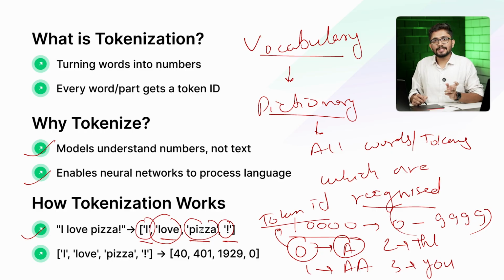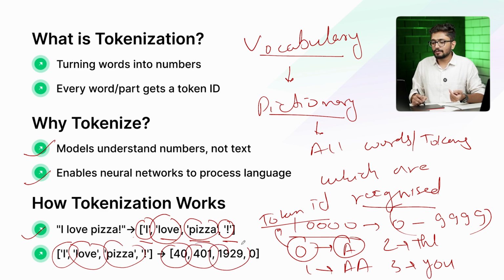And each one of these individual entities is present in the vocabulary which we have defined above. Once we have tokenized our words, we need to map those respective tokens to their token IDs. From the vocabulary, the word I will get mapped to its respective token ID. The word love will be mapped to its respective token ID. The word pizza will be mapped to its respective token ID, and the exclamation mark will also be mapped to its respective token ID.